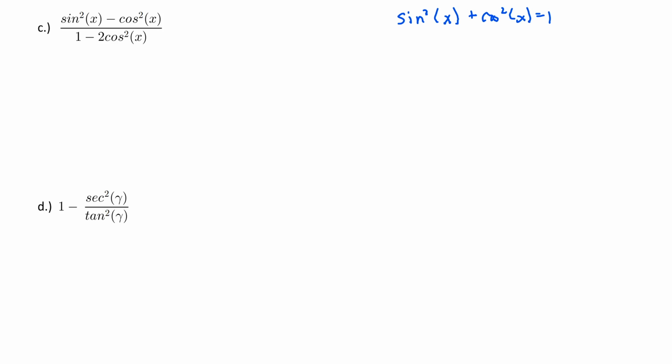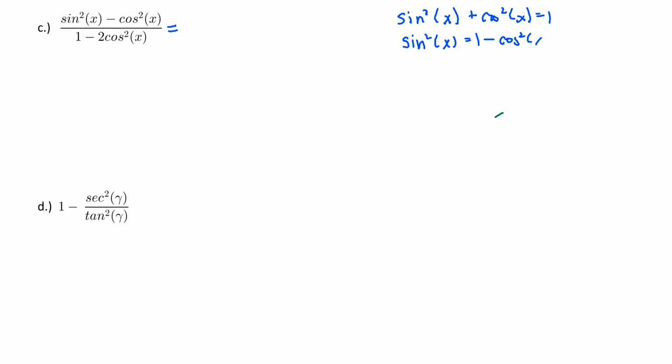Now, what I notice from this problem is that the denominator is completely in terms of cosine of x, and the numerator is a combination of sine and cosine. So I'm going to attempt to rewrite the entire numerator in terms of cosine to see if I can simplify. Noticing from our Pythagorean identity, we could isolate sine squared of x by subtracting cosine squared of x from both sides.